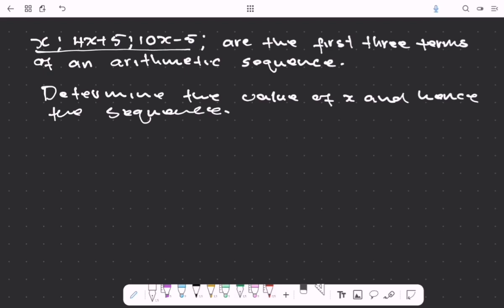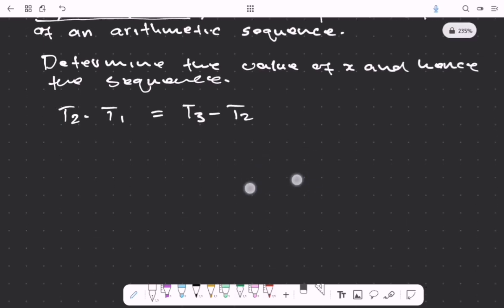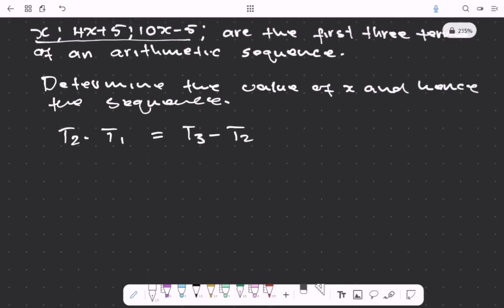Let's find the common difference, as if we were given a numerical arithmetic sequence. How do we do that? As always, t2 minus t1 is equal to t3 minus t2. That's what we need to do first of all, before we go on and do anything.